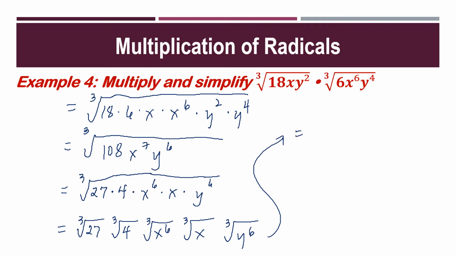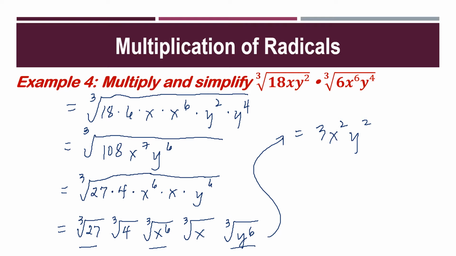So let us underline the factors which are perfect cubes: 27, x to the 6th power, and y to the 6th power. The cube root of 27 is 3. The cube root of x to the 6th power is x squared. And the cube root of y to the 6th power is y squared.